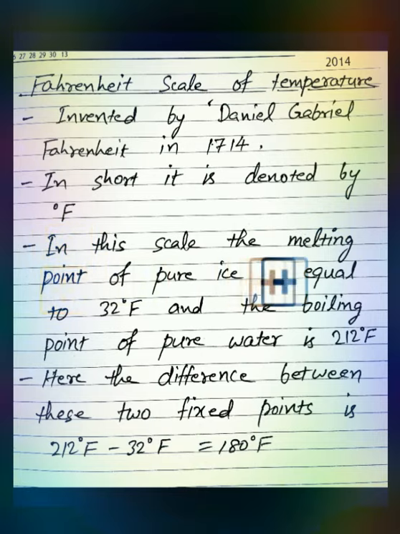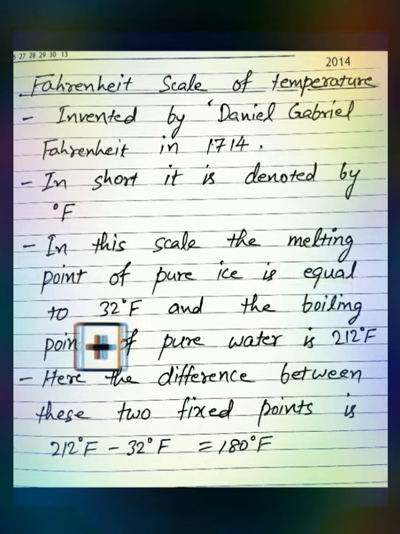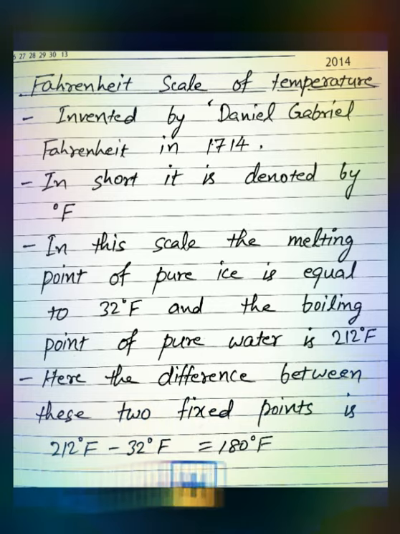In this scale, the melting point of pure ice is equal to 32 degree Fahrenheit, and boiling point of pure water is 212 degree Fahrenheit. That is, lower fixed point is 32 degree Fahrenheit and the upper fixed point is 212 degree Fahrenheit. And the difference between these two fixed points is 180 degree Fahrenheit.